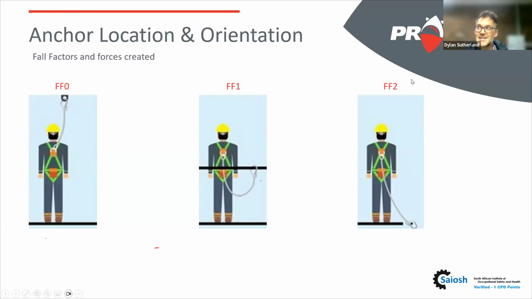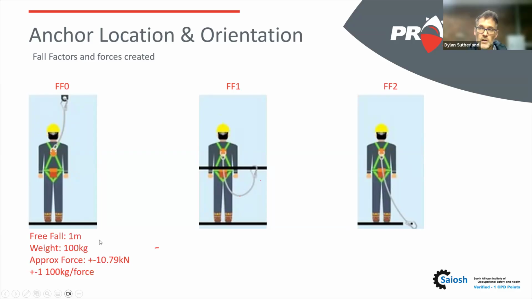Now, to understand how critical an important consideration this is, I've just applied the same logic. So let's say this person is 100 kilograms. Let's say that they've got a lanyard without a shock absorber, just to figure out what the forces might look like if they did fall. And we've got different falling distances because of obviously the orientation and where they've connected the anchor points to.